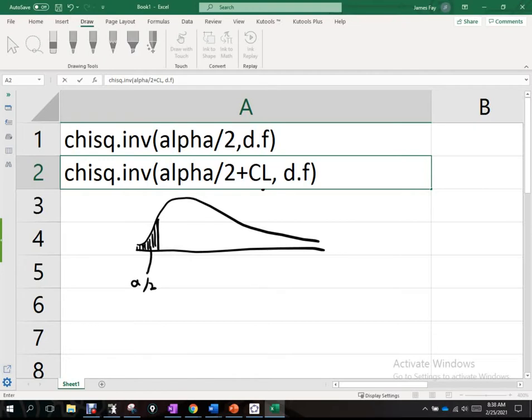Notice that from the left, that's a left tail probability, right? When we do this one right here, that chi-squared will be the left value, and it's providing that chi-square value that limits that area. Does that make sense?